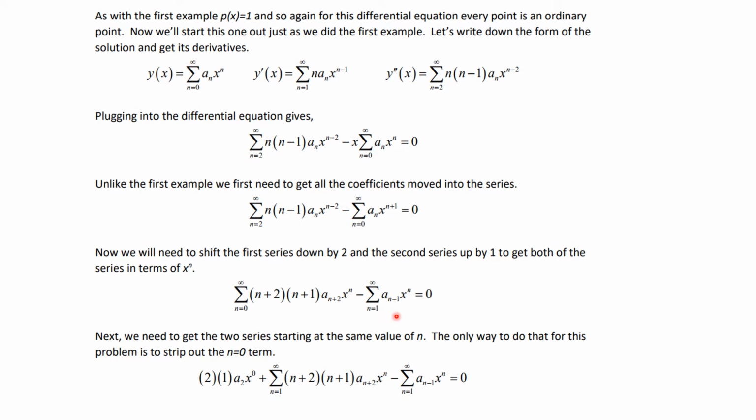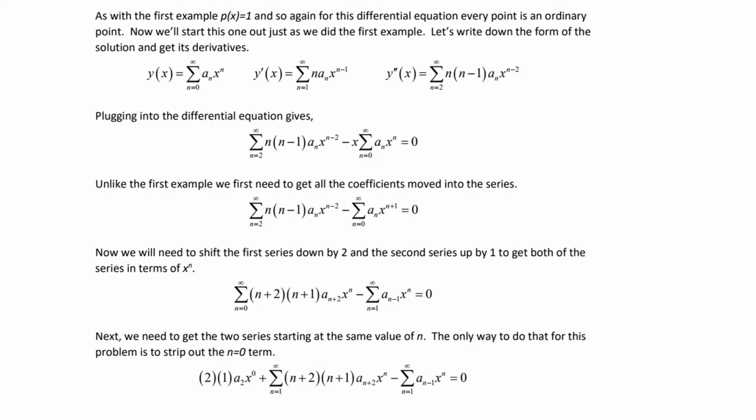But now we want them to start at the same value of n. There's no way for us to fix this, so what we're going to do is strip out the n equals 0 term from this one, and we'll write it this way. And now we have something where we can actually do some work.